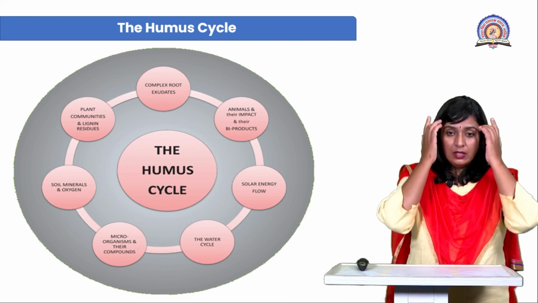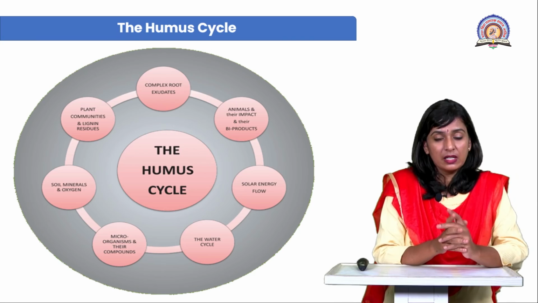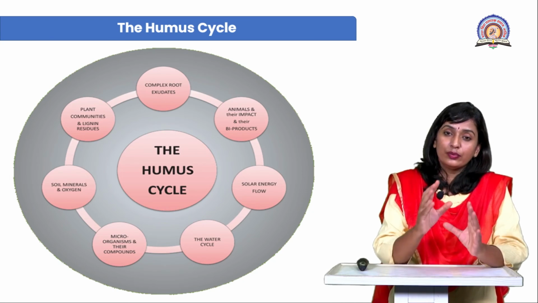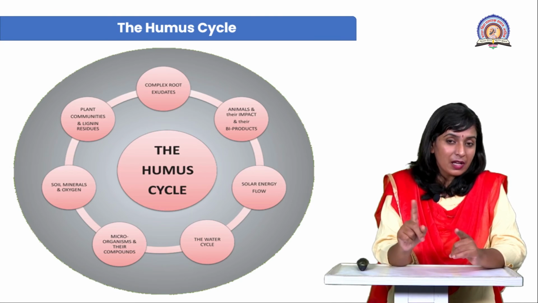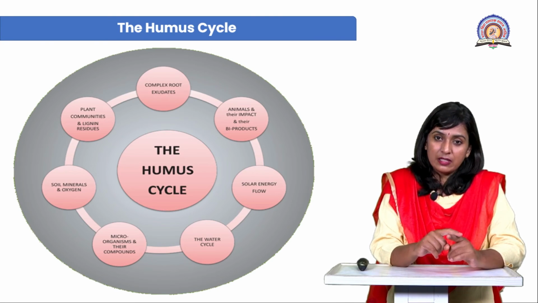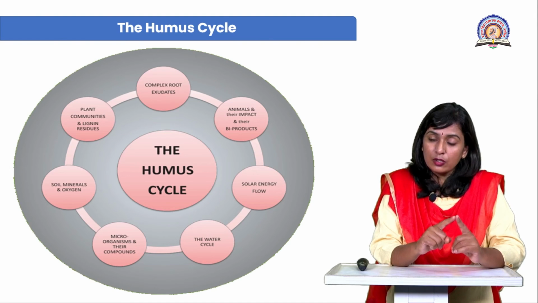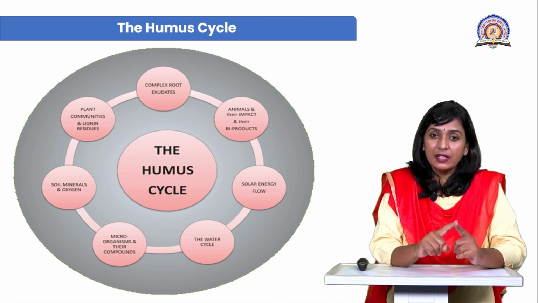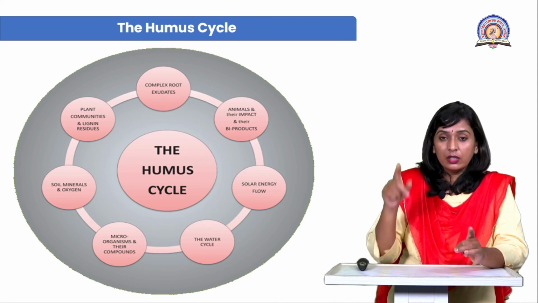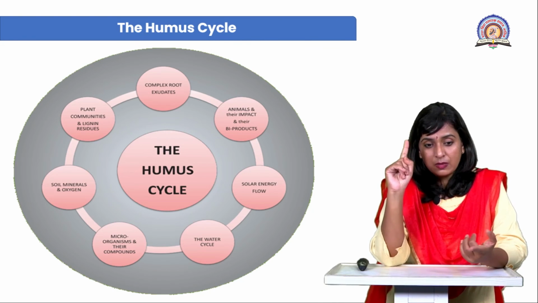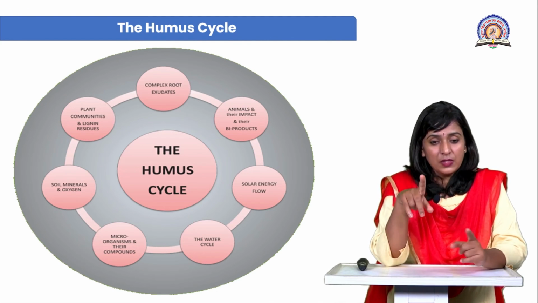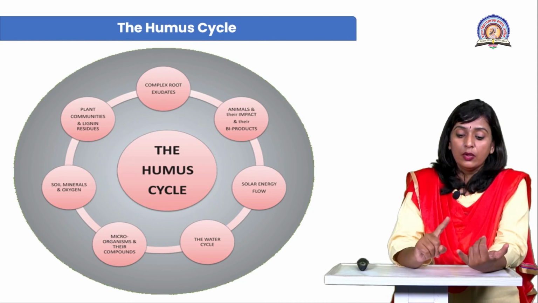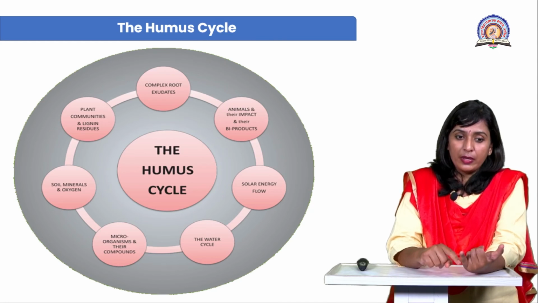And then what happened? So part of the organic matter gets digested or decomposed by the aerobic organisms, whereas part of that organic matter is not being digested by the aerobic organisms, that is further converted into humus by anaerobic organisms, right? Anaerobic microorganisms. So here is the role of both aerobic as well as anaerobic organisms, which convert that animal and plant dead bodies into the compost as well as humus.